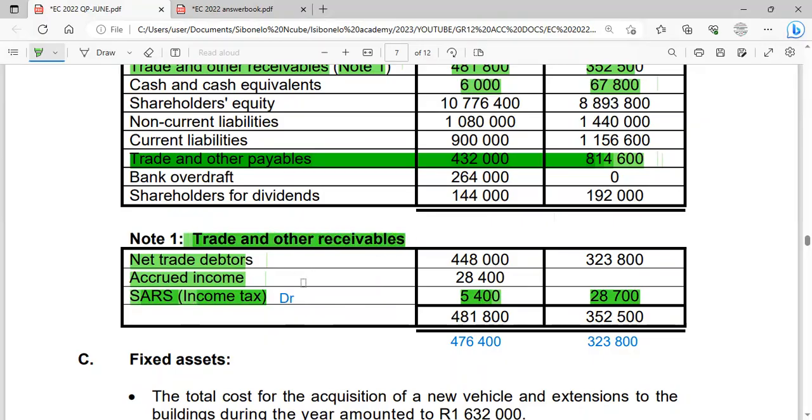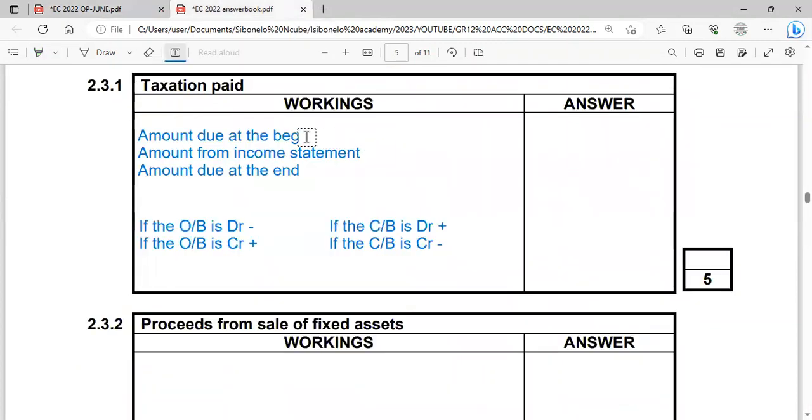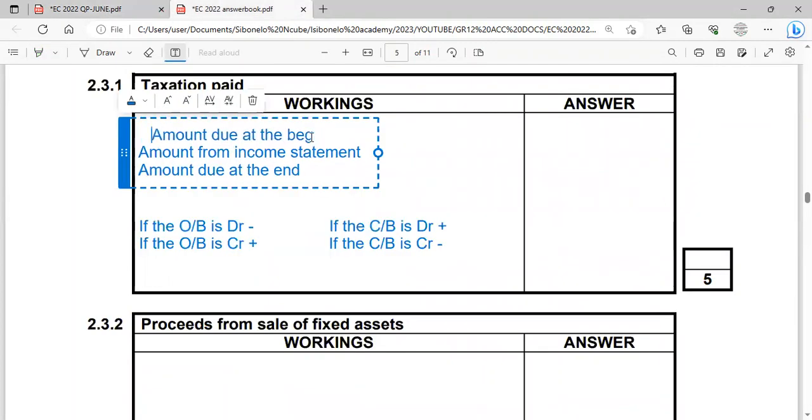So if you have SARS income tax balance disclosed under this note, that indicates to you that the SARS income tax balance is the debit balance. So the opening balance is 28,700, which is the debit balance.